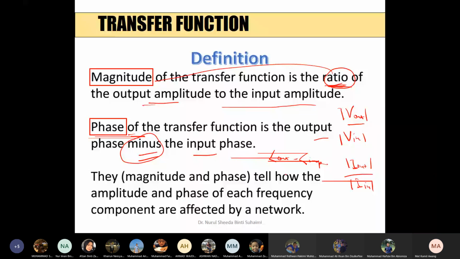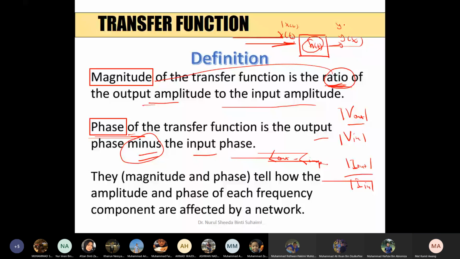So it indicates how the magnitude of the input will be affected by the system, which results in the output.